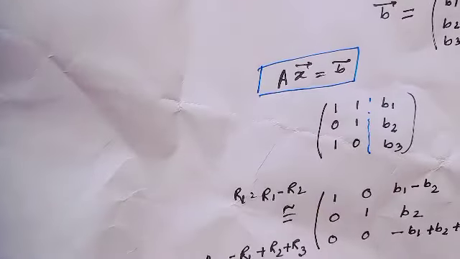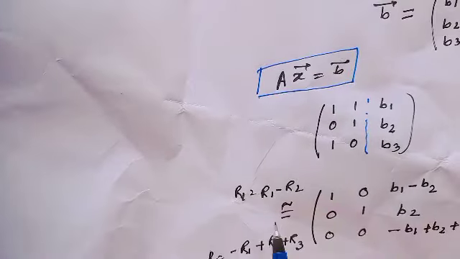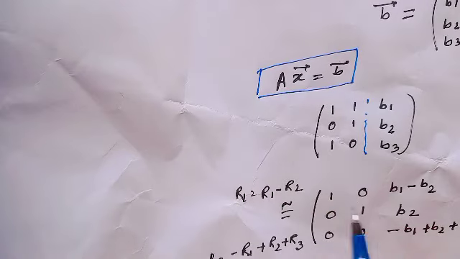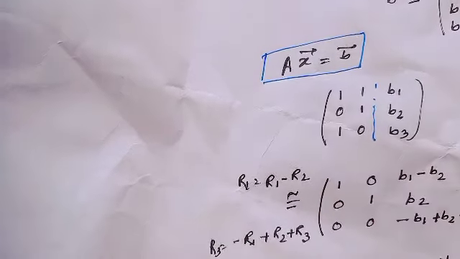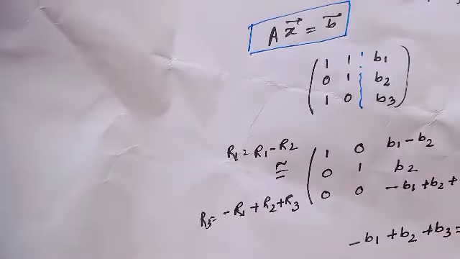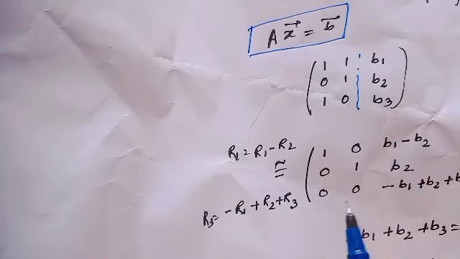At first R1 equal to R1 minus R2, so R1 is replaced by (1, 0, b1 minus b2), and R3 equal to minus R1 plus R2 plus R3. Then R3 is replaced by (0, 0, minus b1 plus b2 plus b3).